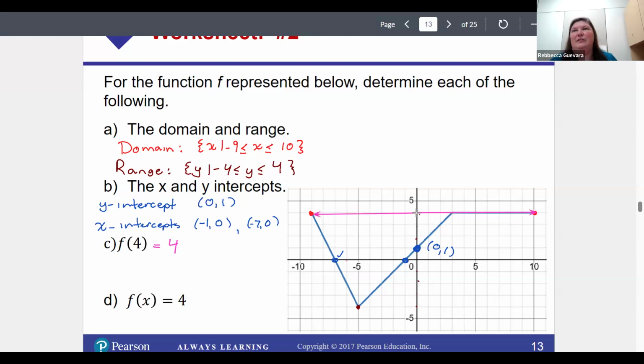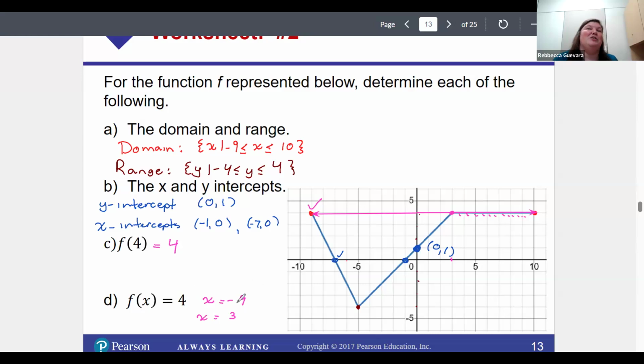So here and here, that's where y equals 4. We have the choice of this point out here, which is when x is equal to -9, and that point right there, where x is equal to 3, but also all these points in here.